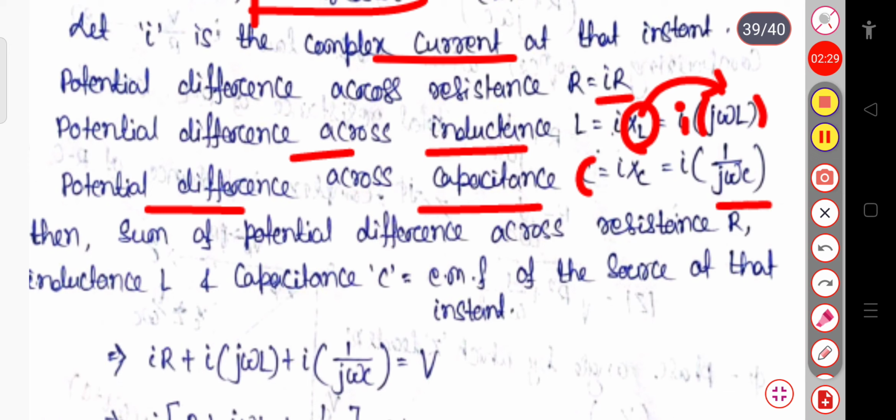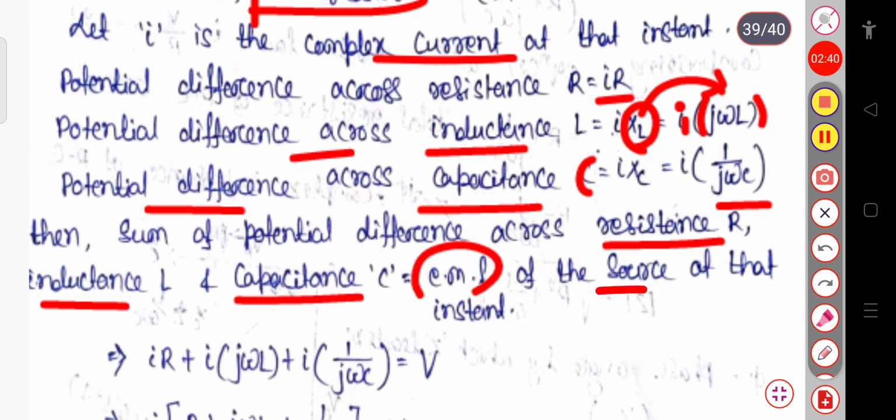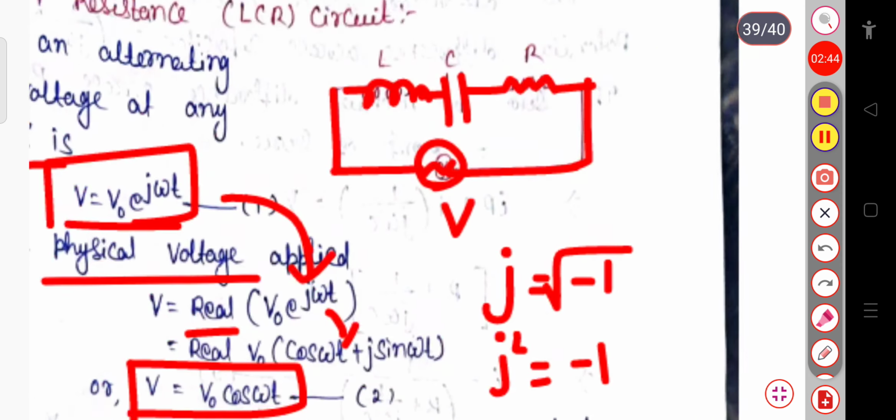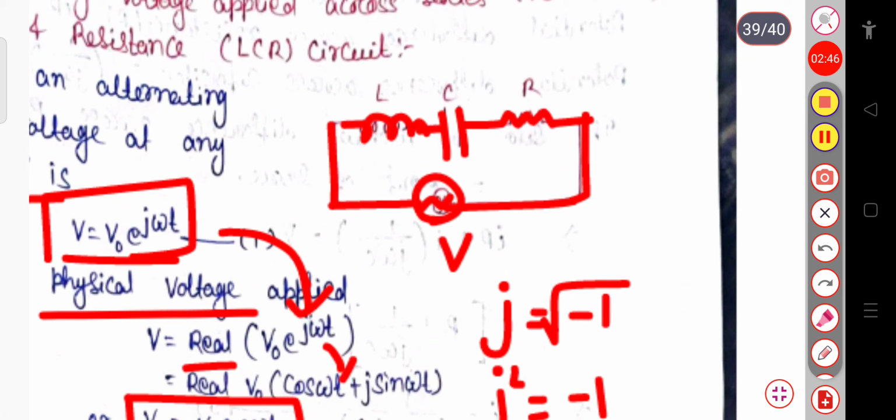Now we will calculate the sum of the potential differences across the resistance, inductance and capacitance. This will be equal to the EMF of the source at that instant. From Kirchhoff's voltage law, we know that the potential difference across the inductor plus the capacitor plus the resistor will be equal to the total voltage of the EMF at that instant.